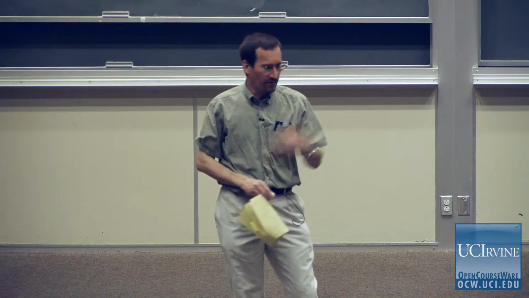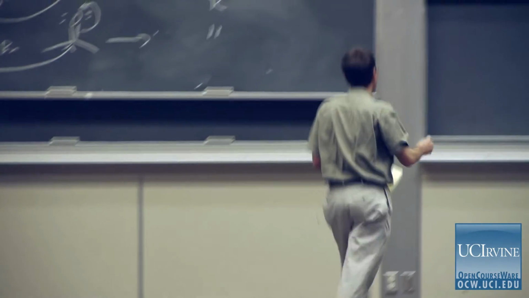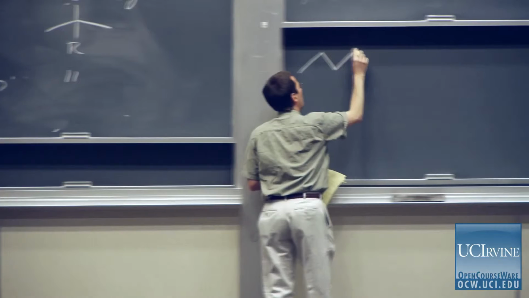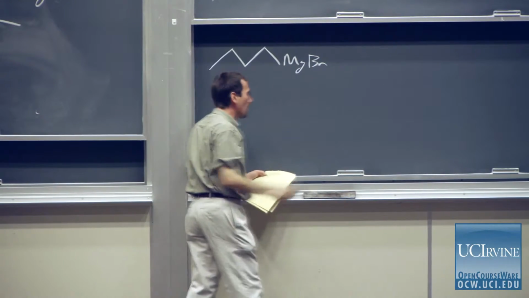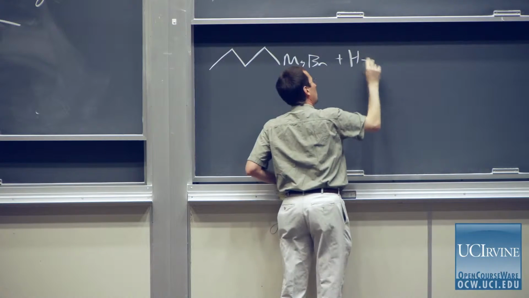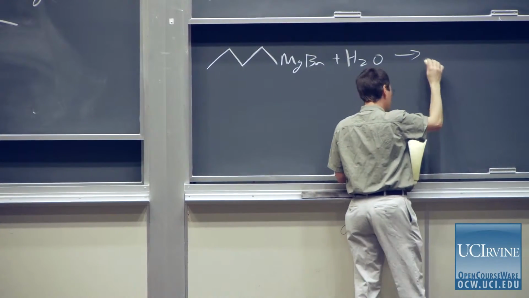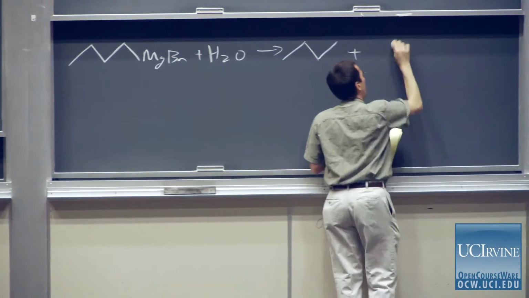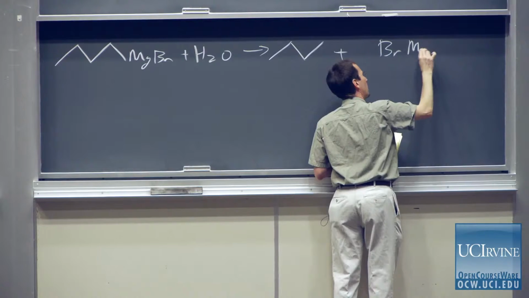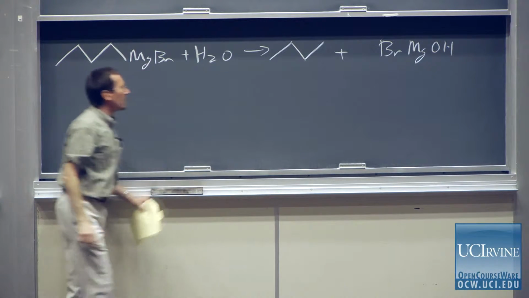But the point of this comes back to what I was saying before about Grignard reagents being very reactive toward water. A Grignard reagent acts as a base with water. And so if you expose a Grignard reagent like butyl magnesium bromide to water, the water acts like a Bronsted acid, and you get butane and bromomagnesium hydroxide, a mixed salt here.